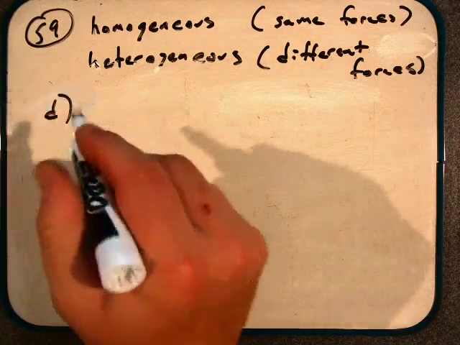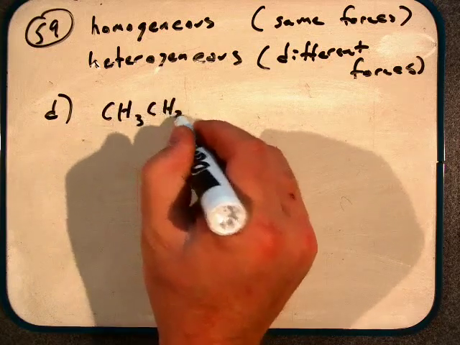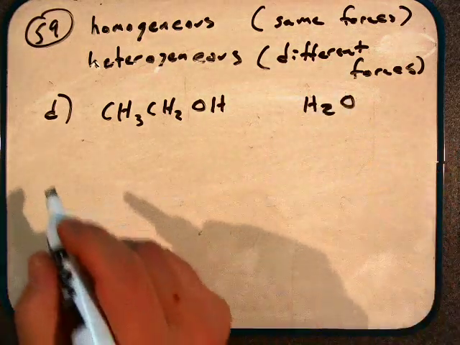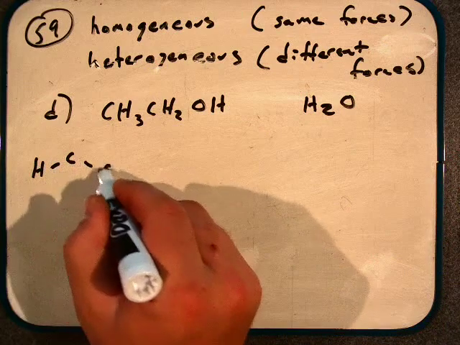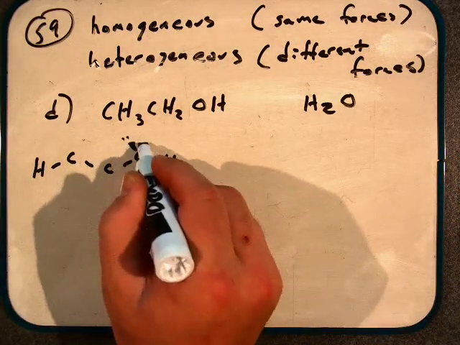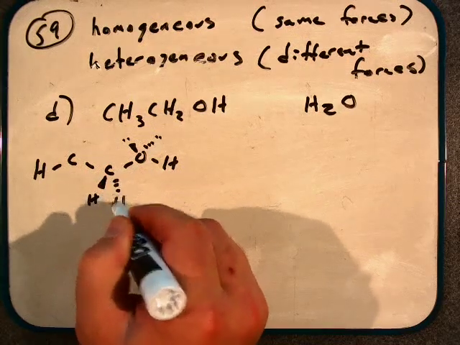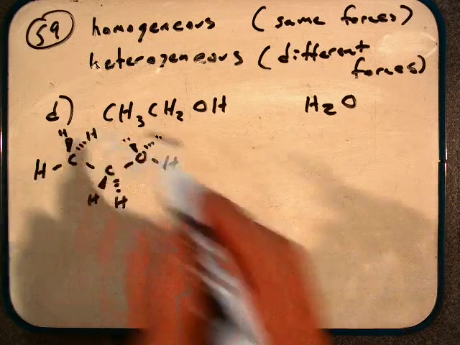And part D, the last example, is looking at CH3CH2OH and H2O. And so if we draw our structure, we have ethanol. And ethanol would look like this.